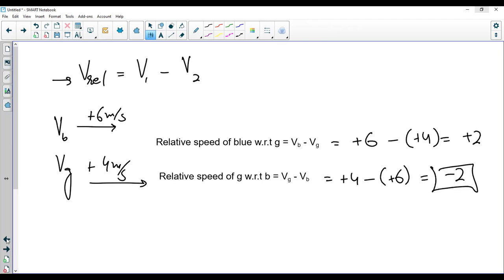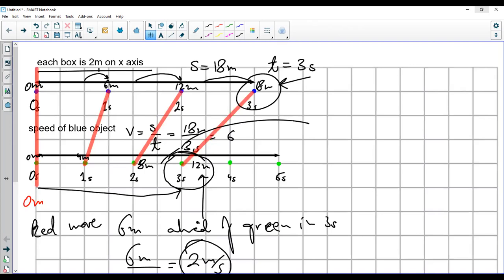Because if we look at that object, for the green, blue is moving forward in the positive direction. But for the blue, isn't green lagging behind? Can you see it? The green is lagging behind in the backward direction. So that's why -2.